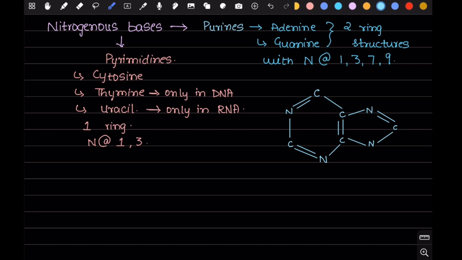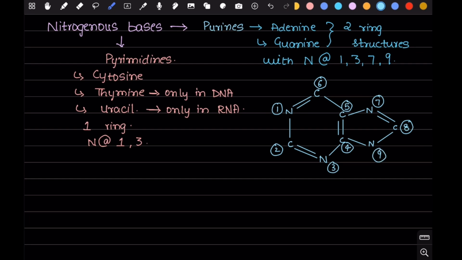Now if we number the places, numbering starts from here. 1, 2, 3, fourth place is here, fifth place is here, sixth place is here, seventh place is here, eighth place, and ninth place.